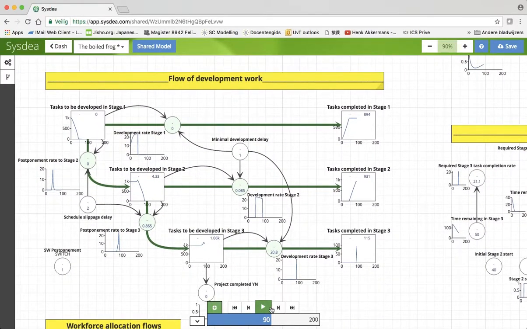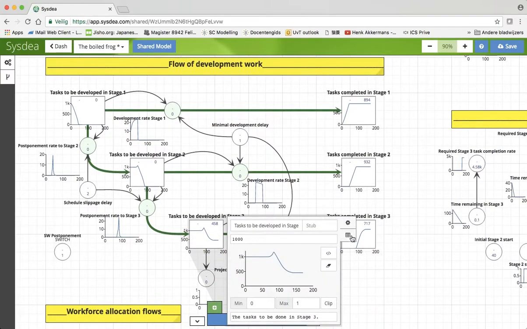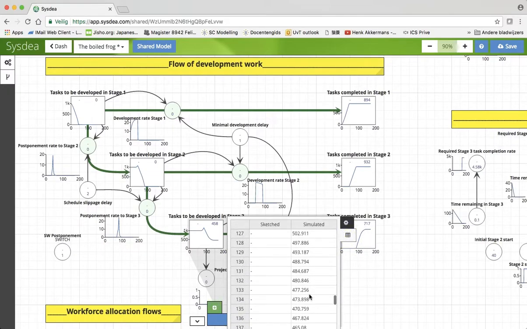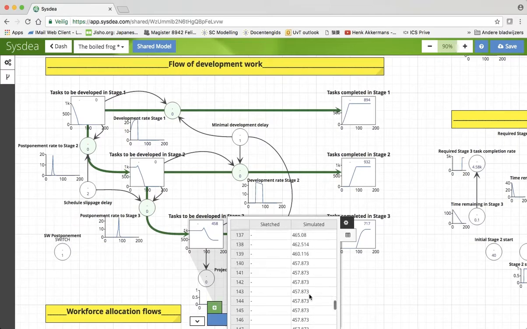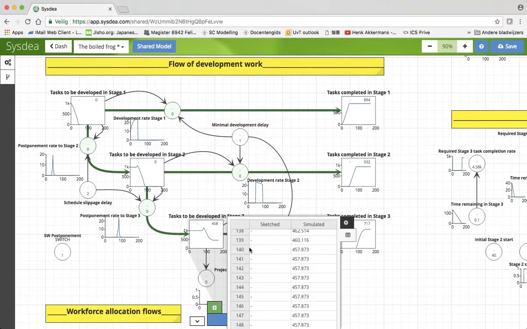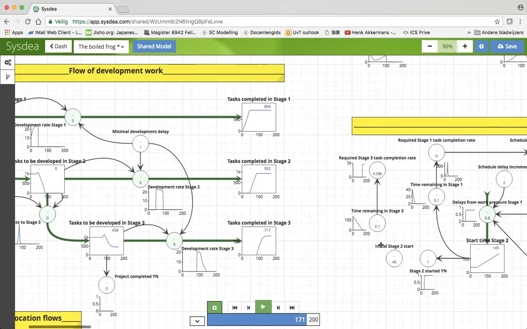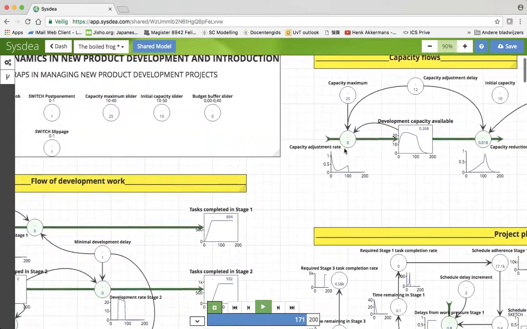And then the bad news, of course, because then it all stops. Let's see when. If you look at tasks to be developed in stage 2, you see that those stay pretty stable from week 140, basically. Then there is no more budget left. Is that true? Let's see.